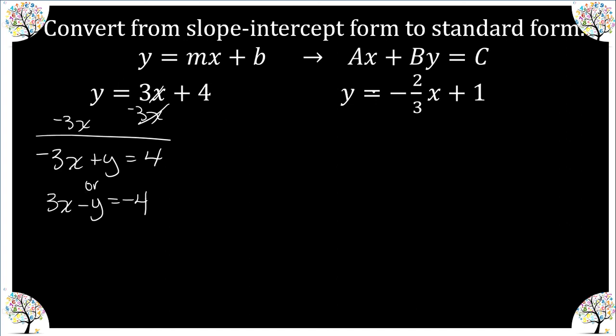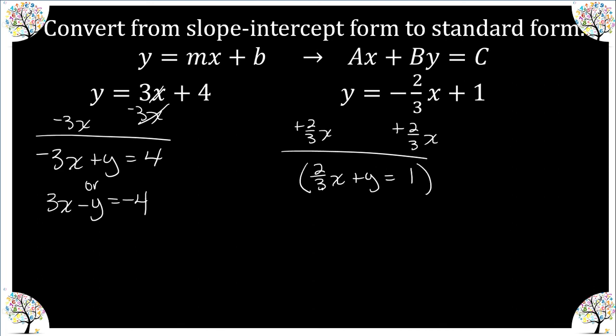Okay, in this one, we can move our term to the left first, or we can multiply through by 3 to get rid of the denominator. It does not matter. Those 2 steps are up to you, whichever you prefer to do. So I'm just going to move my fraction over. And now I need to make this 2/3 an integer.